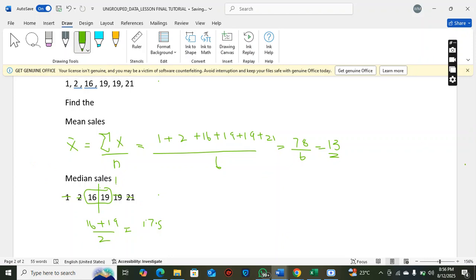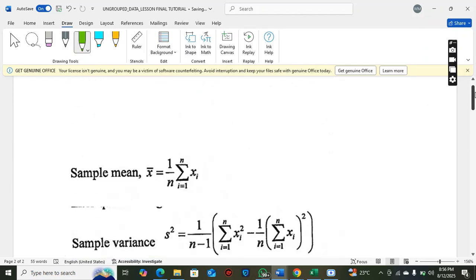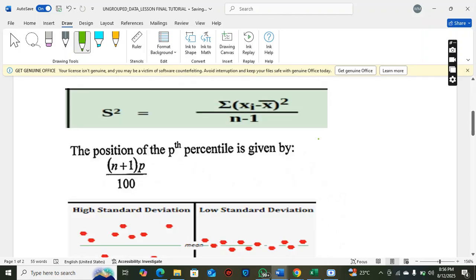And then, as I said, if you had a lot of numbers, you can use this formula here to find the median. The median is the 50th percentile. So you can use this formula to find the median. Or you can also use this one, n plus 1 divided by 2.